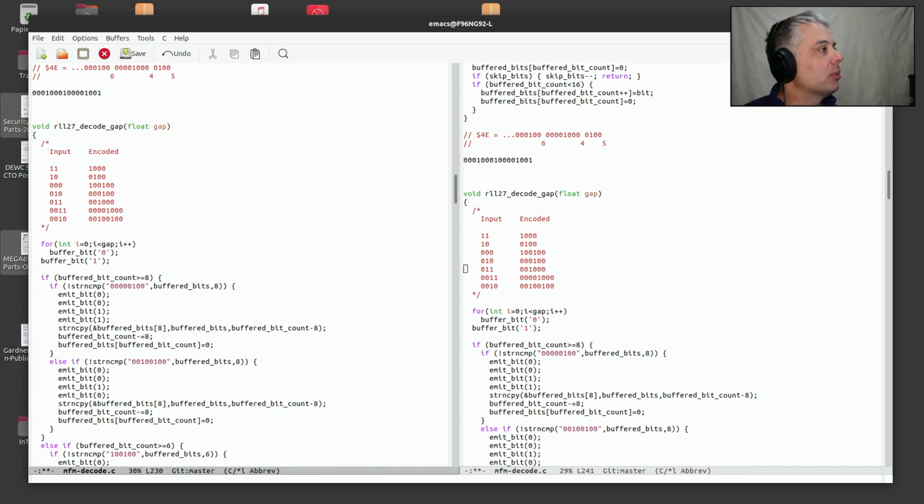So if we try and match that, that will get us 010, which matches to there. Then we've got 0100, so that will get us to there, and then we've got 001, 001, so that's the start of that.